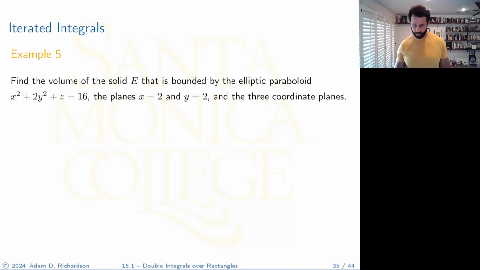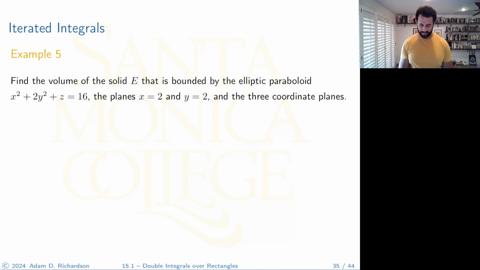Okay, what do we have to do first? We have to unpack what this says, right? Here we're going to find the volume of the solid that's bounded by this elliptic paraboloid, the planes x equals 2, y equals 2, and the 3 coordinate planes. Well, we can write this as a function of x and y, and that'll be our surface.